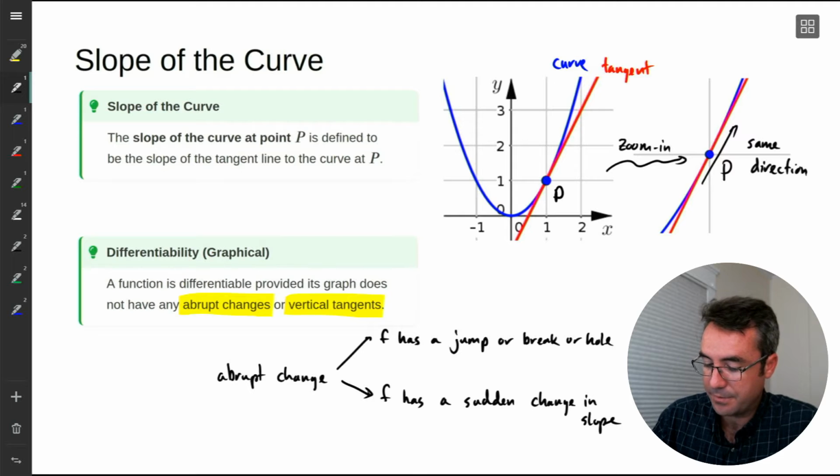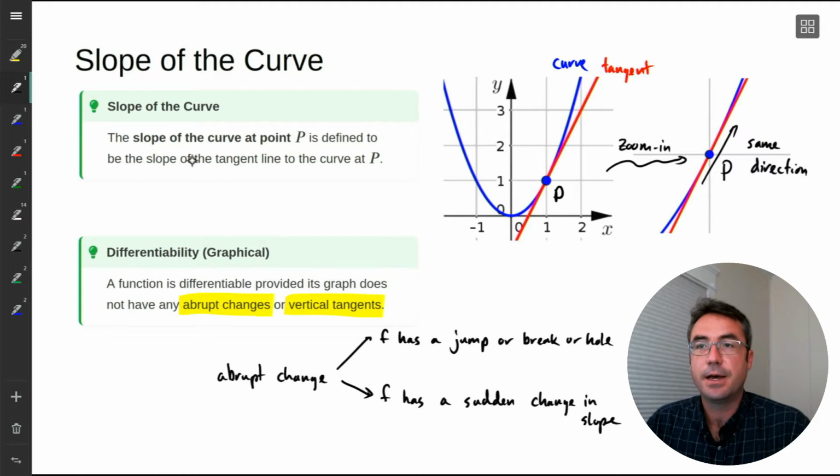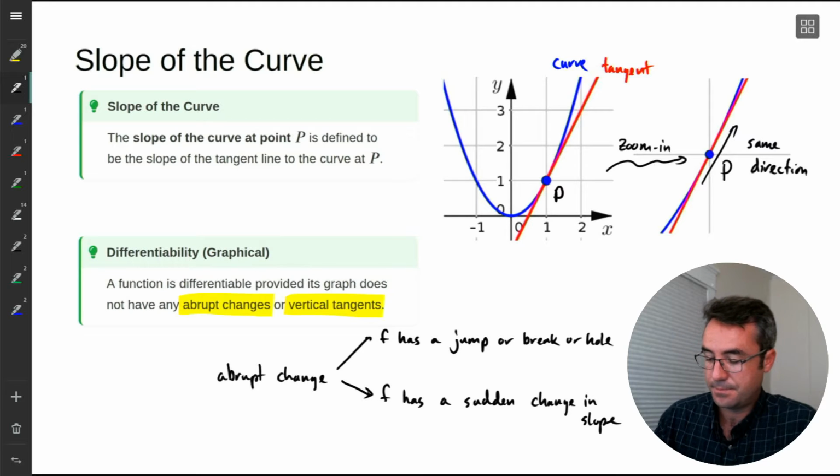So another way to think of this in terms of tangent lines is our function can't have any abrupt changes, it can't have any vertical tangents, and if we were to zoom in on a point on the curve, it should look like just a line.